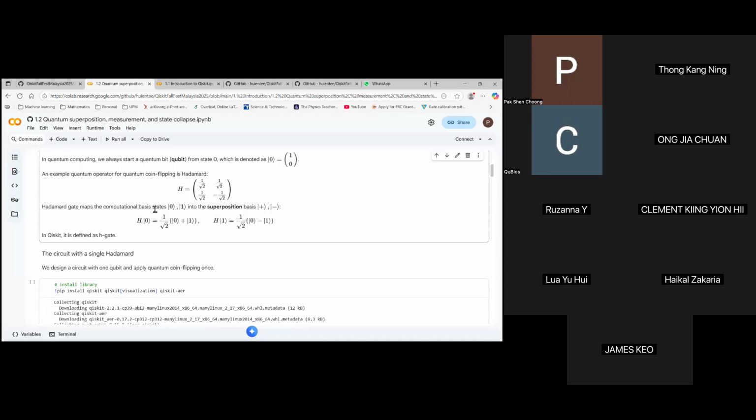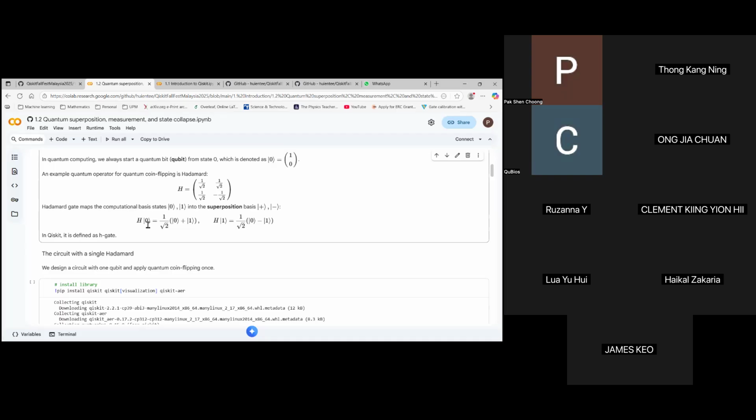So yeah, the Hadamard gate in this Hilbert space maps the computational basis states, which we defined in the first place, 0 and 1, into the superposition basis. I'll explain here what this line of the maths equation means.